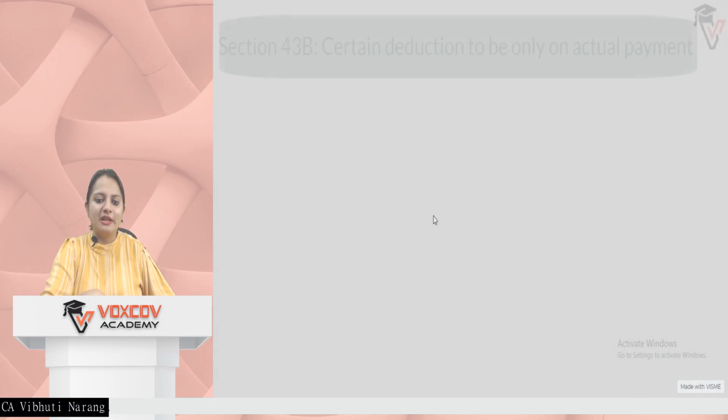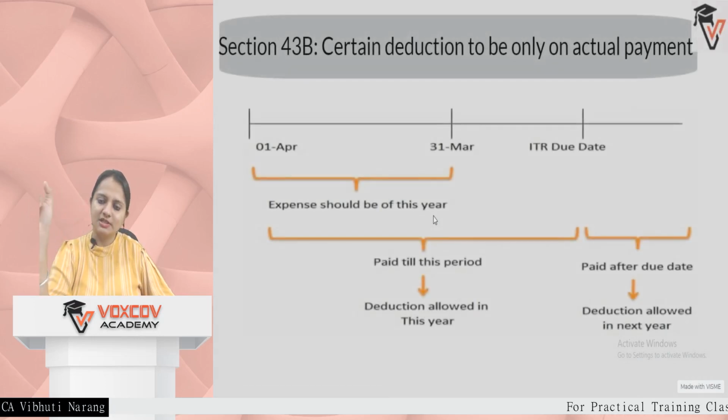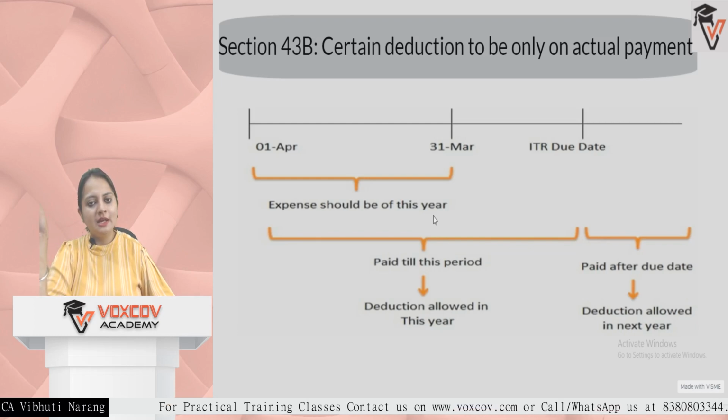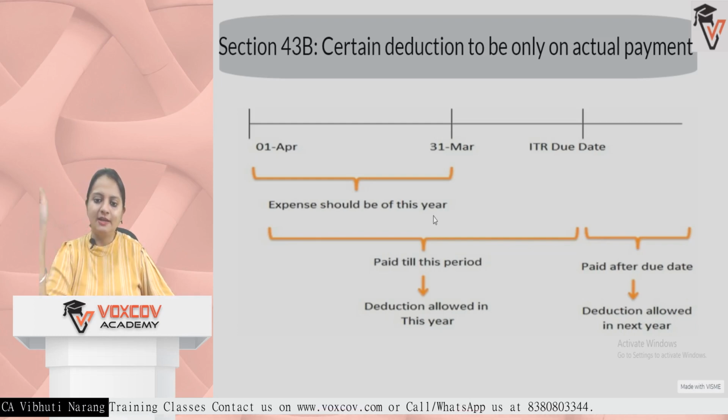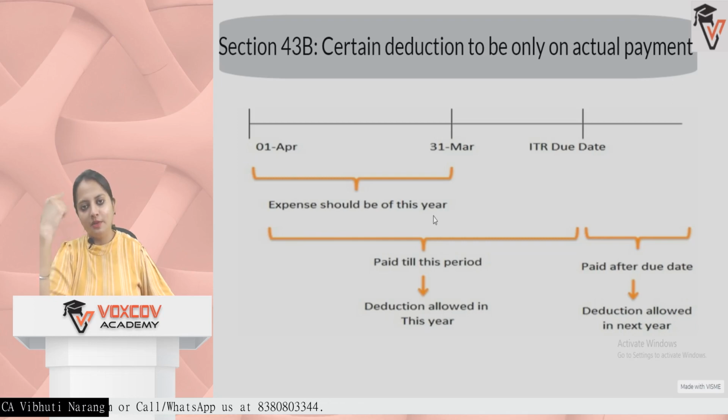So for example, the financial year 2021 is going on. The financial year is from 1st April to 31st March. For the expenses pertaining to it, if paid till the ITR, that is your return filing date, then it will be allowed in 2021. Otherwise, it will be allowed in 21-22.